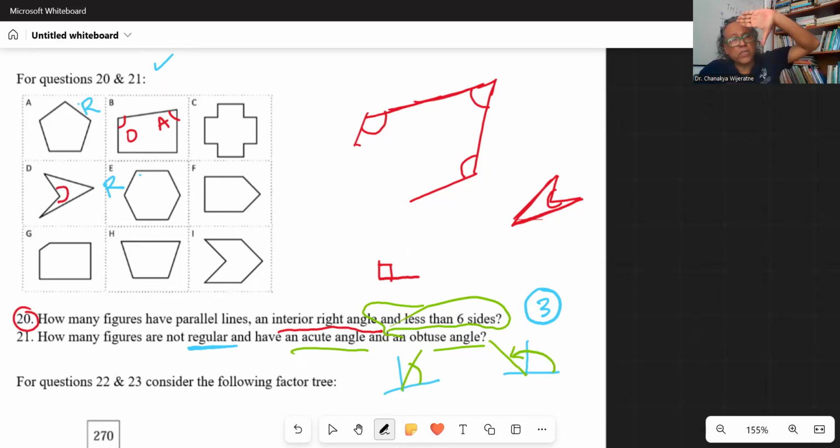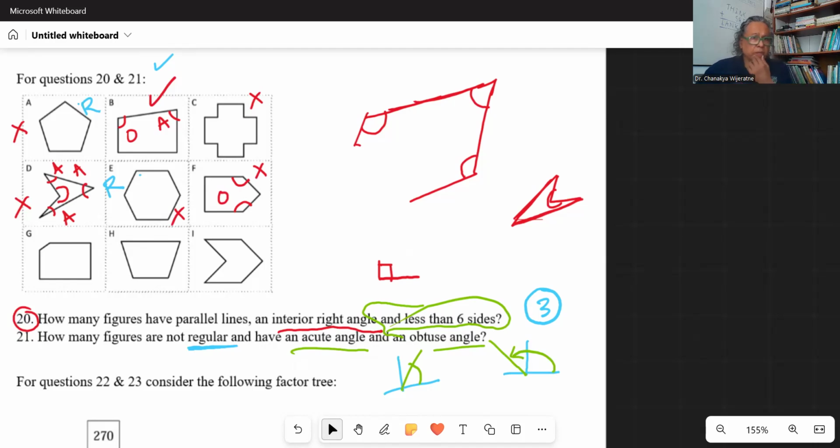It's more than one straight angle and less than two straight angles. Here acute, here acute, here acute, but no obtuse angle. So this is not correct. It's regular, do not count. This is regular, do not count. And this one, these two are obtuse, but no acute angle. So we do not count this one.